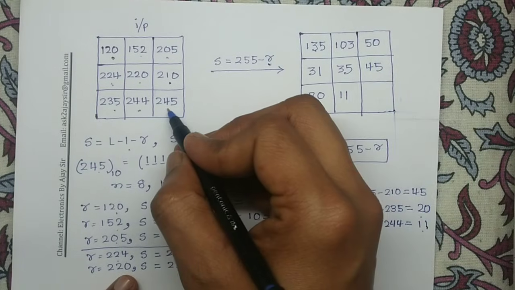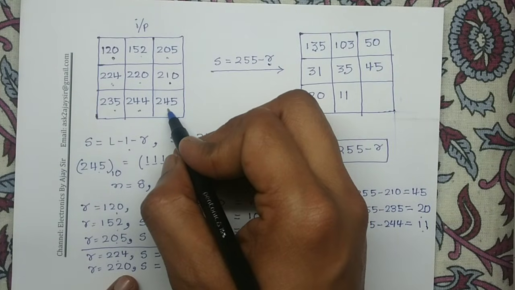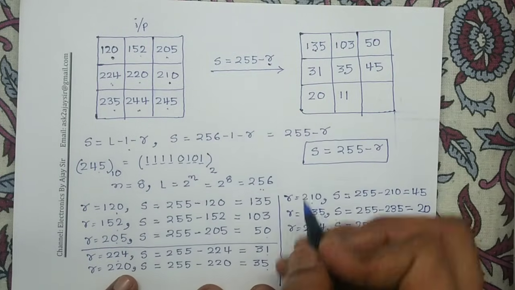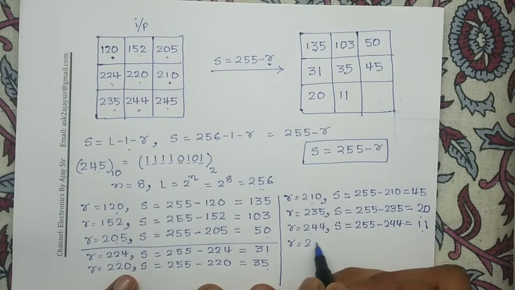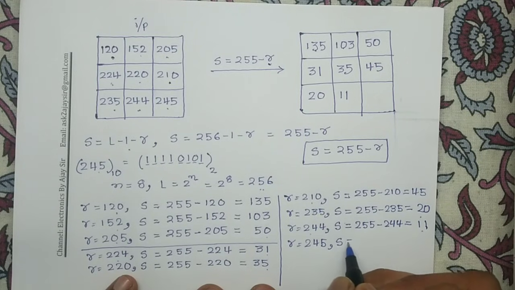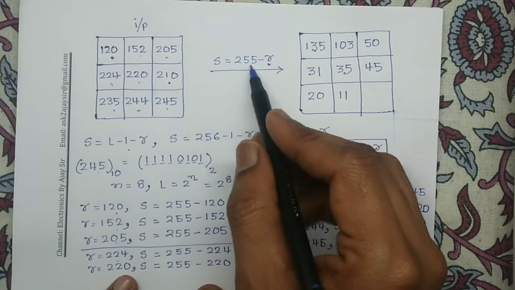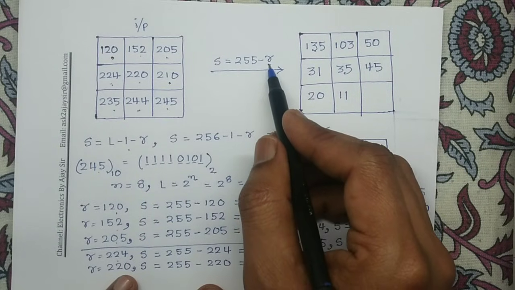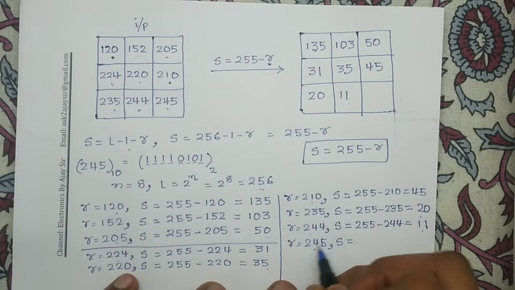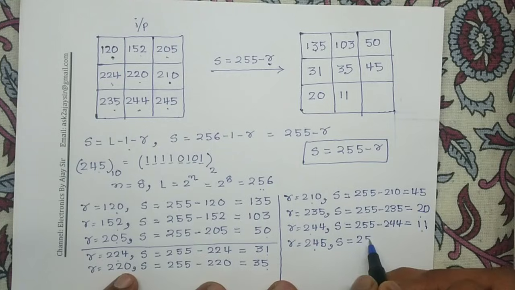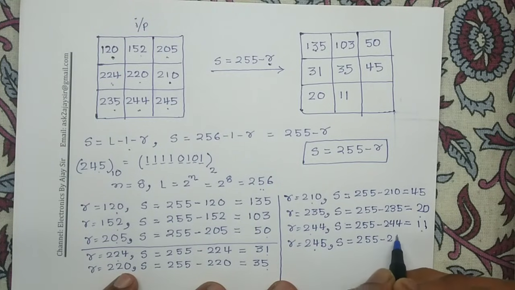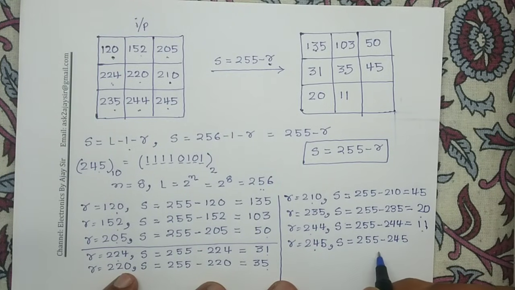And finally, for this pixel whose input intensity level is 245. So if R is equals to 245, we have to determine the output intensity level S. So in this equation, S equals to 255 minus R, in place of R, I will substitute 245. So the equation of S becomes 255 minus 245, that is equals to 10.